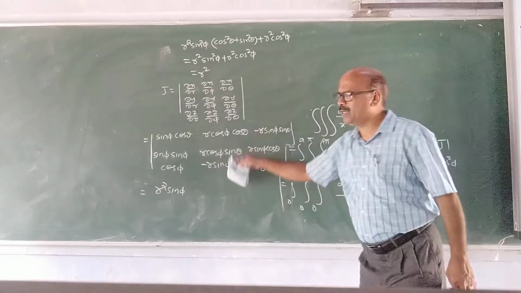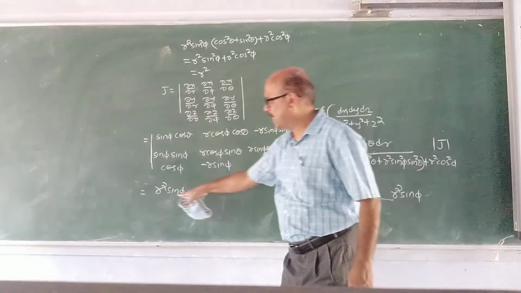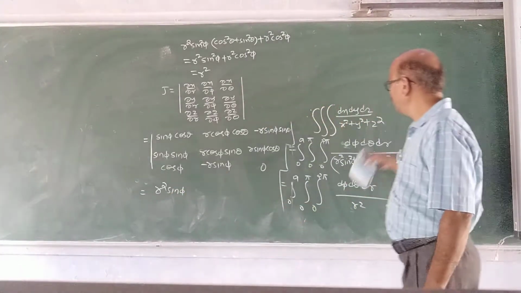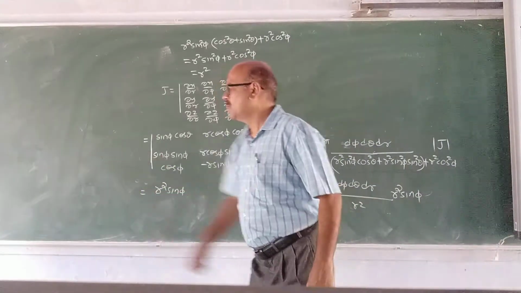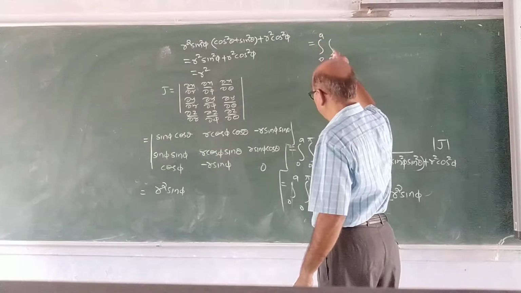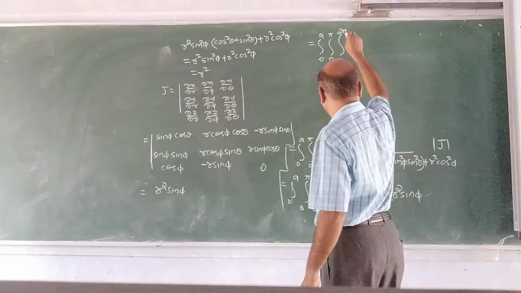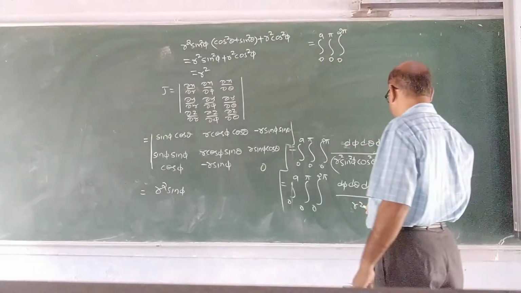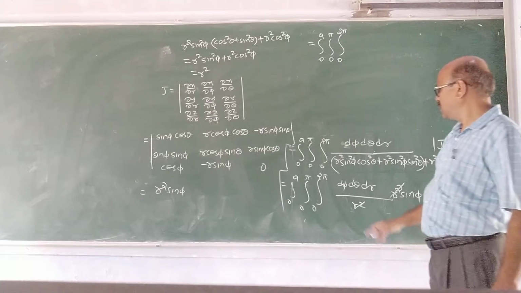So this determinant I have not evaluated, that I have left as an exercise, and the answer is r square sin phi. You verify that one. So I continue this problem here. The integral is from 0 to a, 0 to pi, 0 to 2 pi. R square cancels here, leaving sin phi.